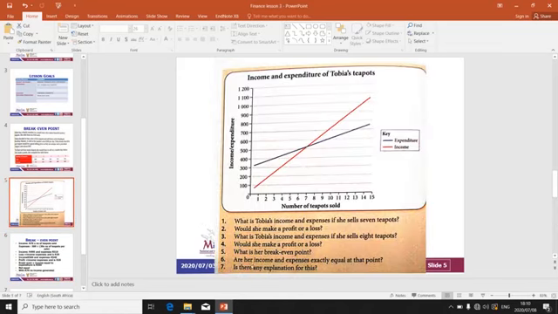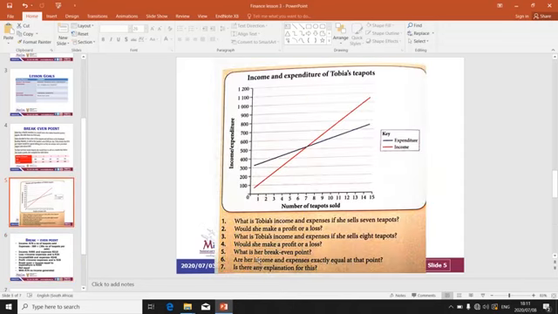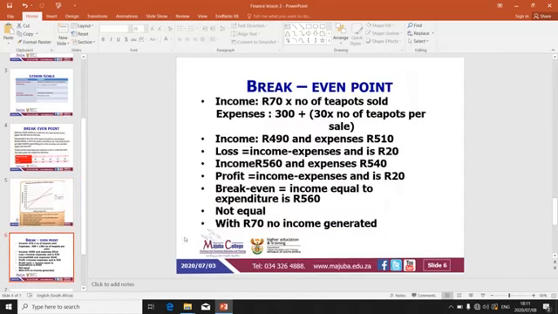Are her income and expenses exactly equal at that point? They are not equal. They are not equal at all. Is there any explanation for this?